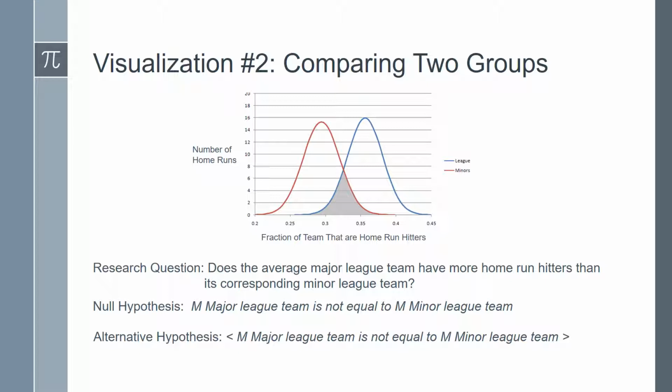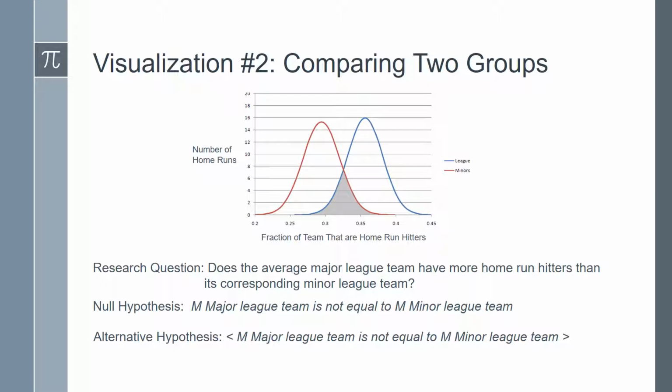So here is the research question. The blue is on the right side and red on the left side. Blue is the major league team, red is the minor league team.